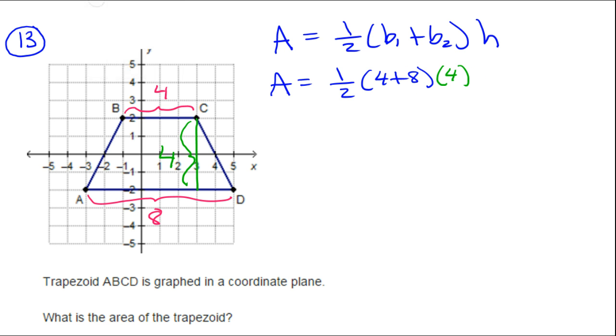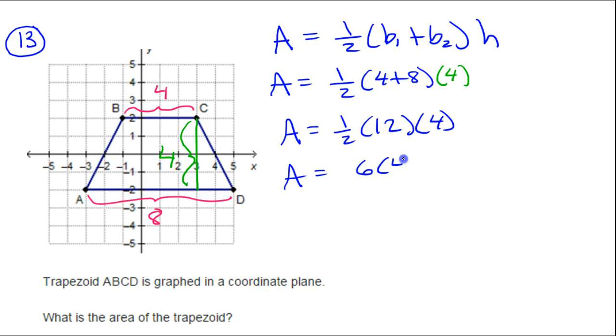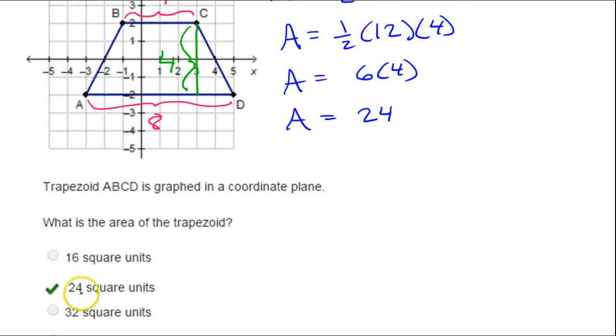So it's just a matter of simplifying this expression. 4 plus 8 is 12. Half of 12 is 6. 6 times 4 is 24. So we're talking area, so this should be 24 square units. Alright, and that's why the answer is 24 square units.